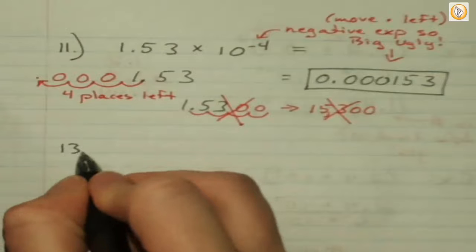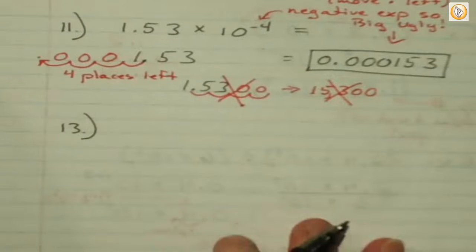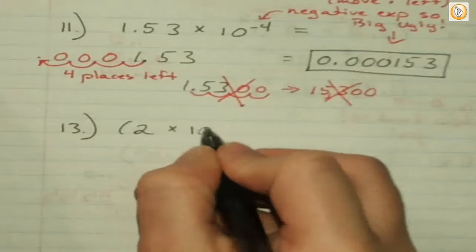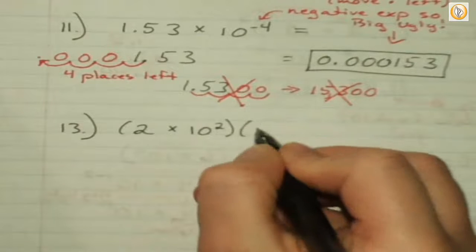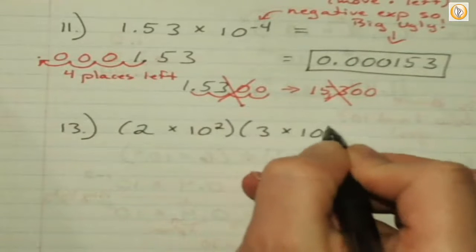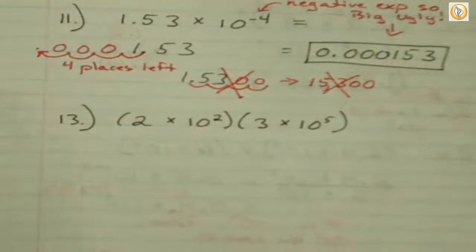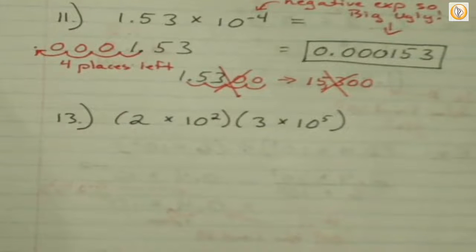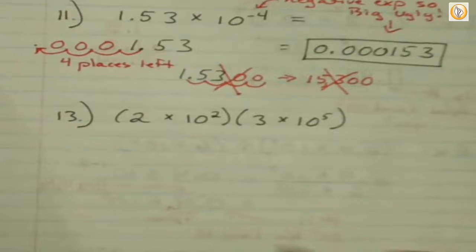All right, 13. 2 times 10 to the 2nd power times 3 times 10 to the 5th power. What do I do?